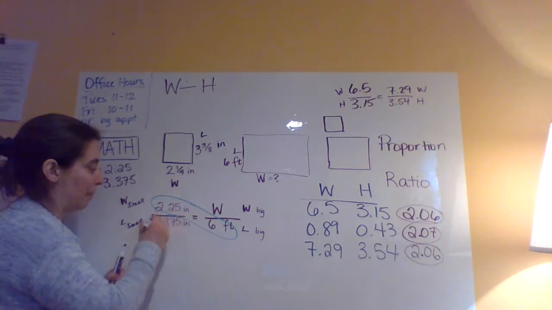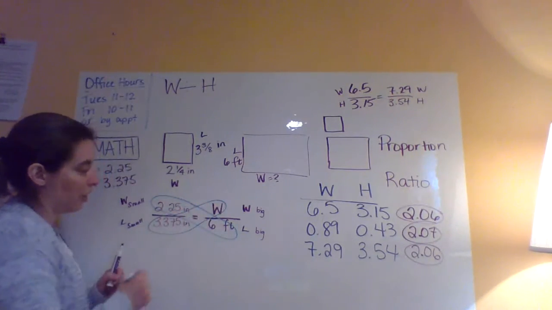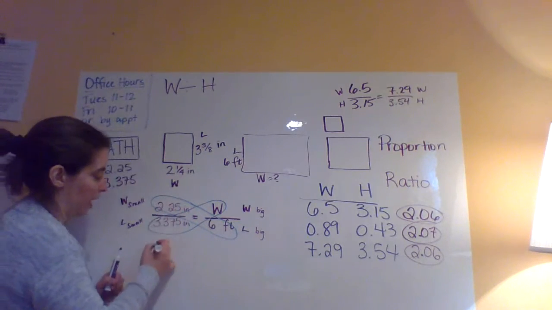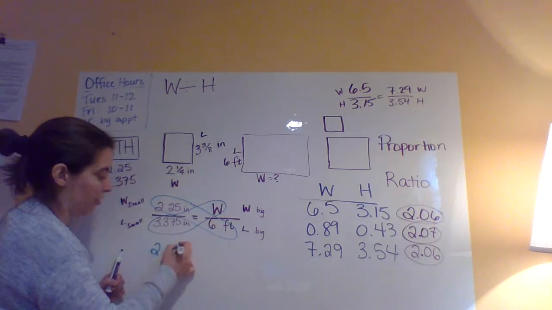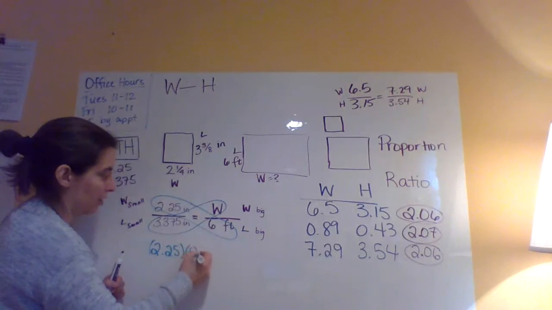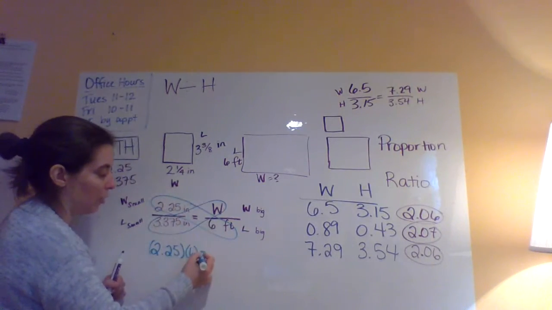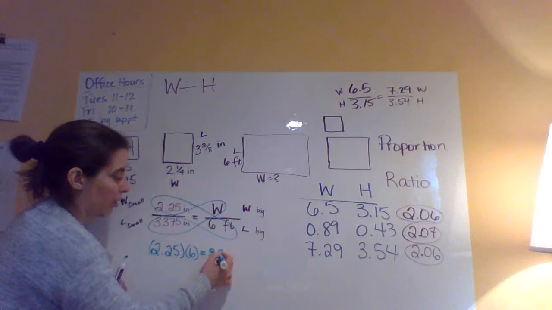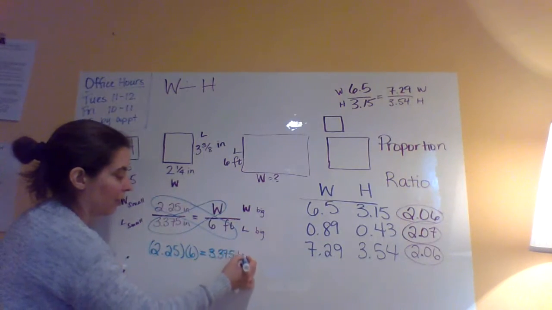And then I do the opposite. And those two things are going to be equal. So I'm going to have 2.25 times 6 equals 3.375 times W.